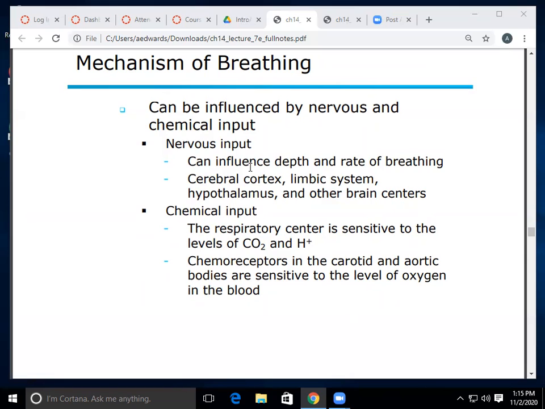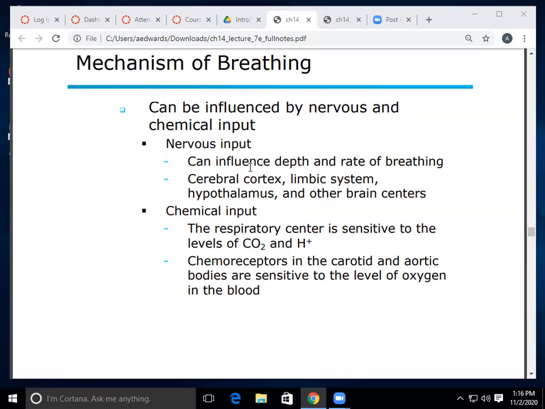You can also have chemical input. Your respiratory center is sensitive to your concentrations of hydrogen ions and carbon dioxide. Hydrogen ions are one way to measure acidity, if you remember that from pH.